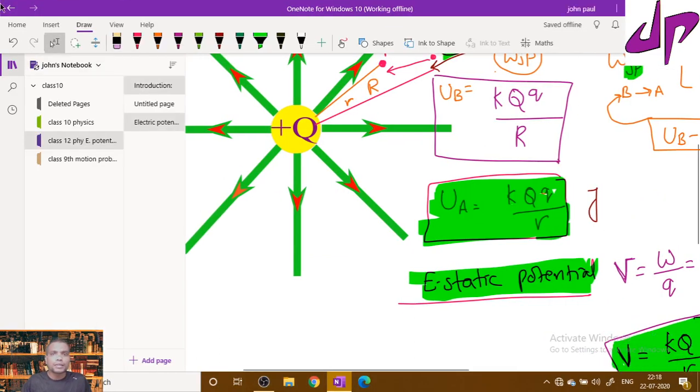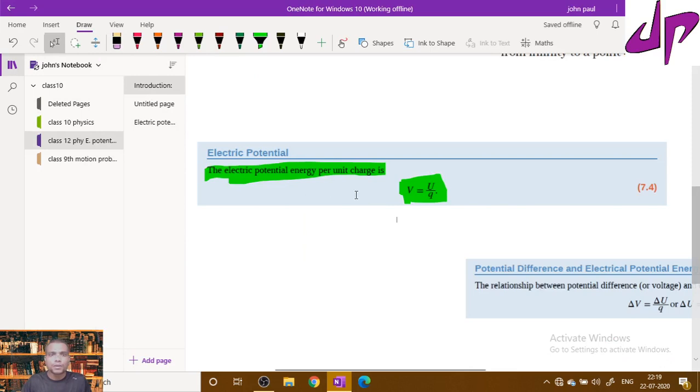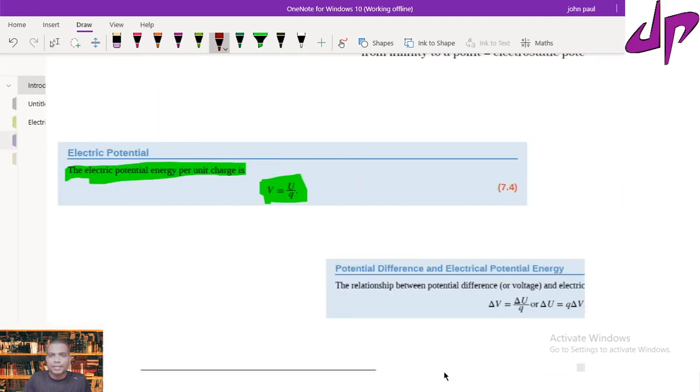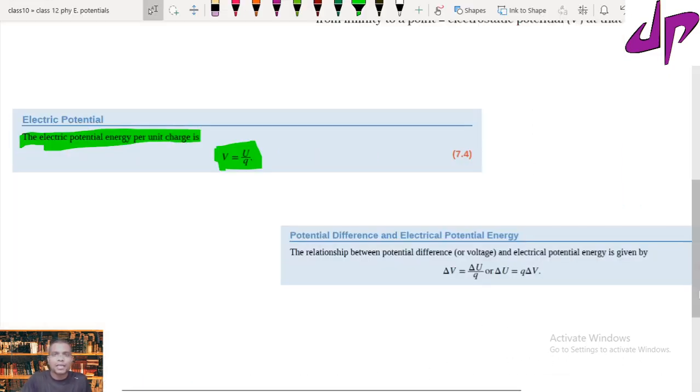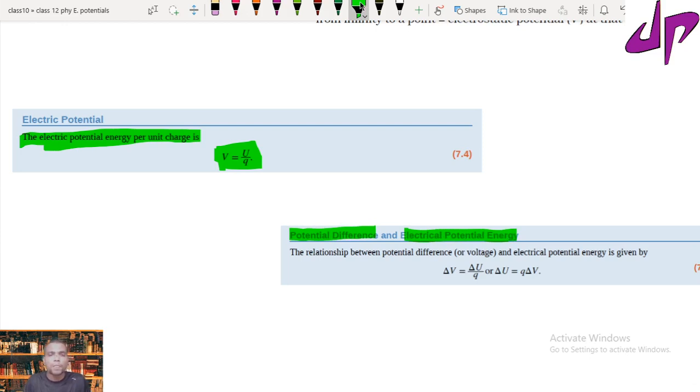So we define the electrostatic potential as the work done per unit charge, or more precisely, if we write the relation between potential difference and electrostatic potential energy, delta V equals delta U upon Q. Don't worry about that.